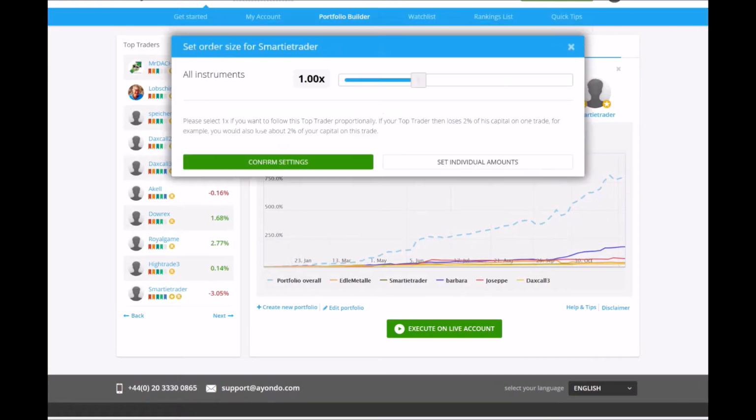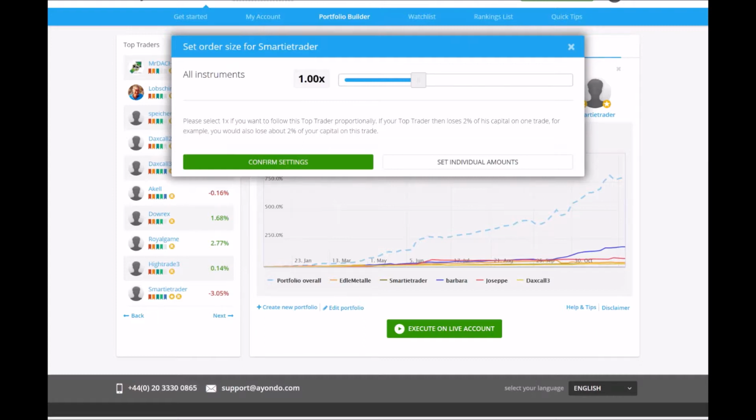So click on settings. Okay, so this is set order size for Smarty Trader. Let's pretend that Smarty Trader has got a £100,000 account, and I have got a £10,000 account. Now, if Smarty Trader does a trade on the Dow where they're risking losing 1% of their account, in that example they're risking losing £1,000.